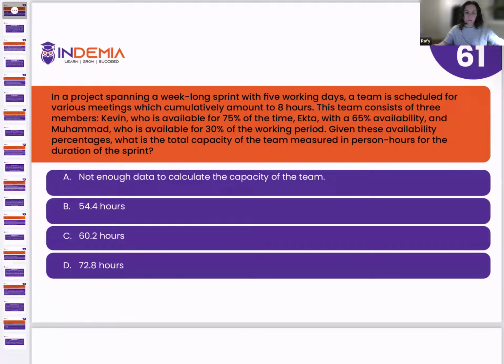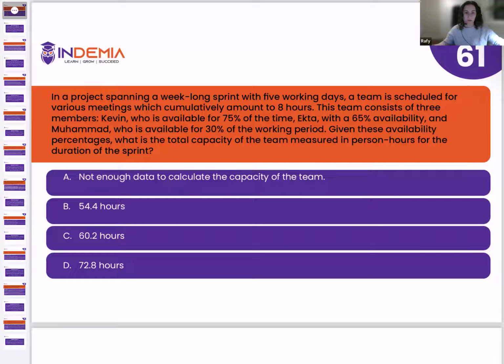So if I understand the question correctly, I feel like the data we're given is not even related to the question. The question is asking, what's the availability of the team? We know the percentage of their availability. We don't know what a work week is for them.